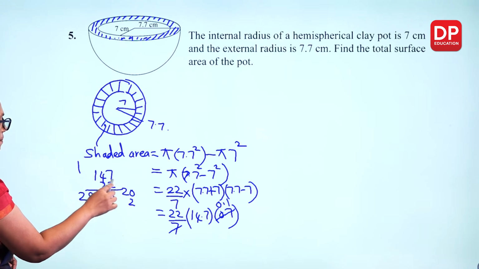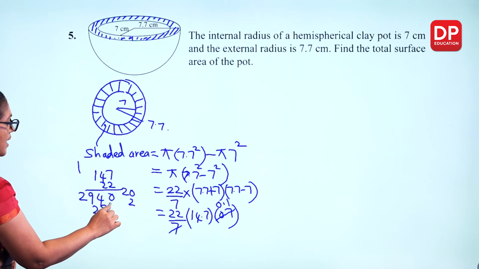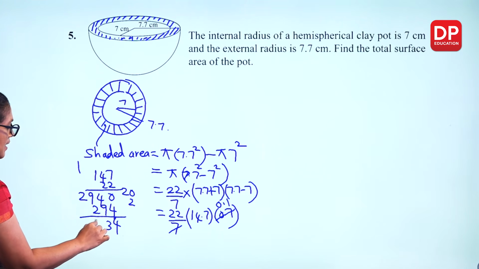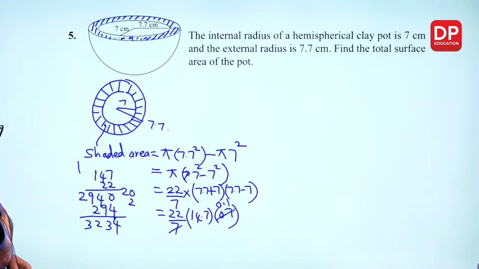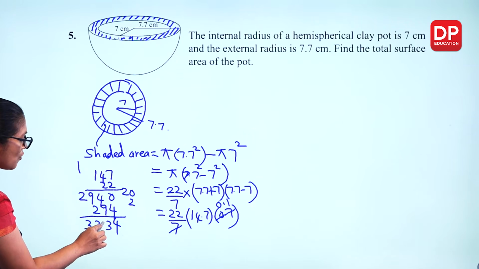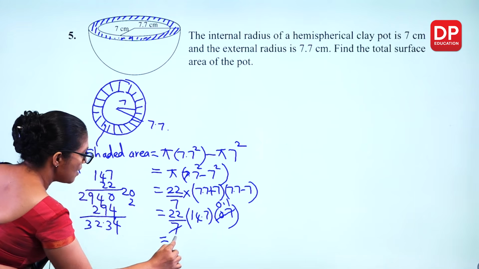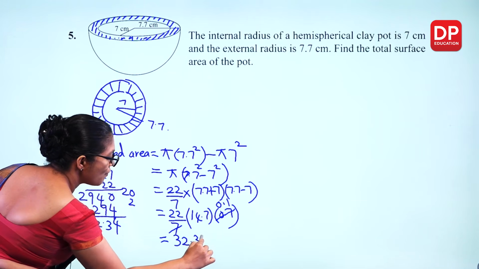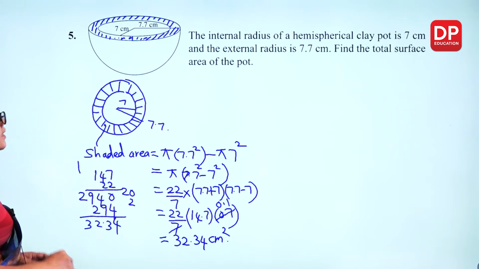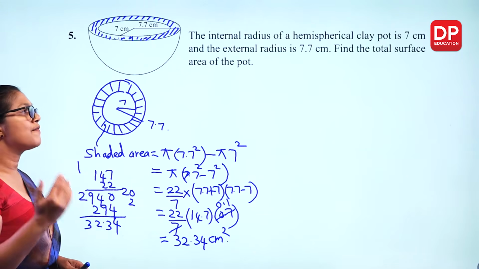Again, when you multiply by 2, you get 294. When you add it together, you get 3234. We need to put 2 decimal places. So what's the answer for this area? 32.34 square centimeters.